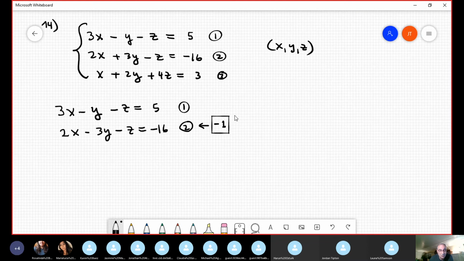Why? Because when you multiply the entire equation 2 by -1, we have minus 2x plus 3y plus c equals 16. And this equation is exactly the same as equation 2. It's equivalent. So when you multiply one equation by one number, it doesn't matter if it's 1, 2, 20, 100, the new equation is equivalent to the original equation; it doesn't affect it.